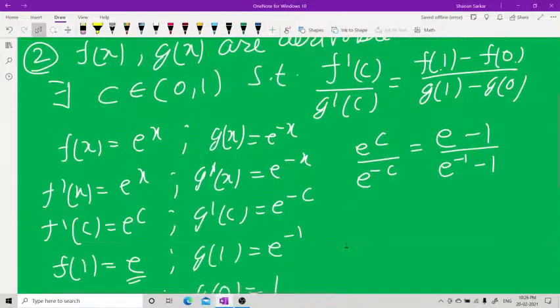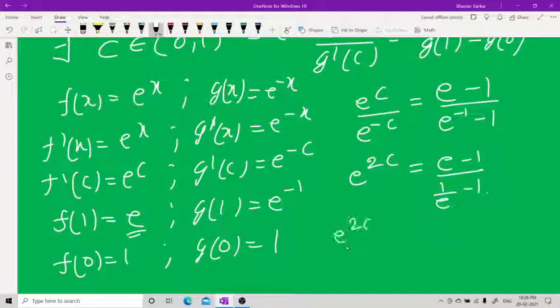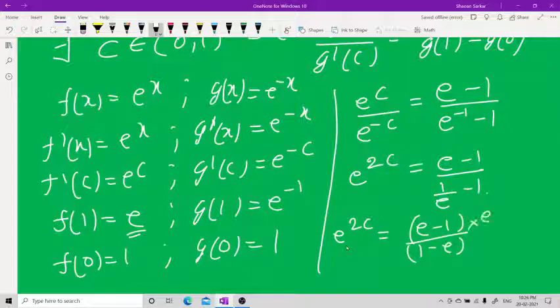Wait. Now everything is here. This will go up, so e to the power of 2c is (e minus 1) upon (1 upon e minus 1). Let e to the power of 2c be equal to e to the power of 1 upon 1 minus e into e.